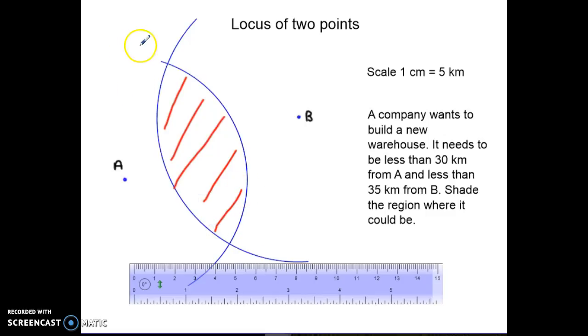Because anything on the left of this first arc is less than 30 kilometers from A, and anything on the right hand side of this second arc is less than 35 kilometers from B. So when you see this type of question, it's looking for two arcs and the shaded region.